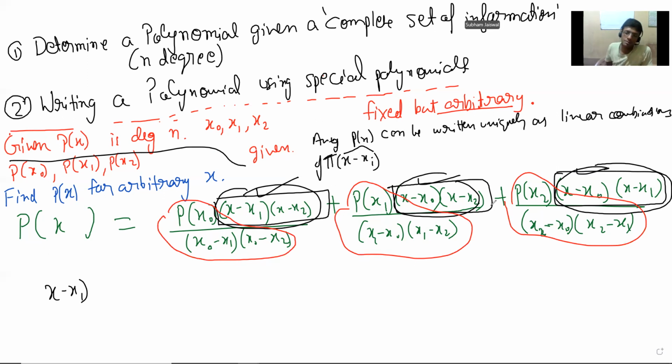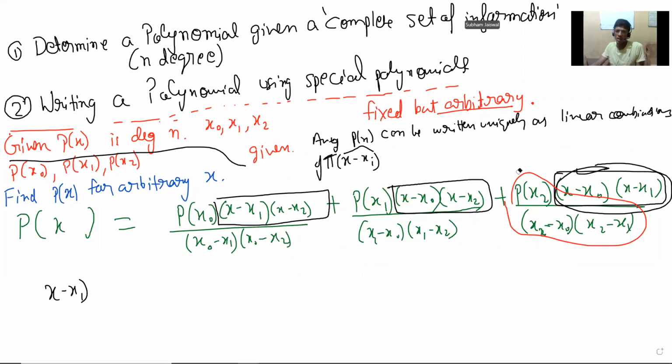So is it fine? Okay. So then that is what it is. But then you see, in one of the tests, I think last test only, we had this question.